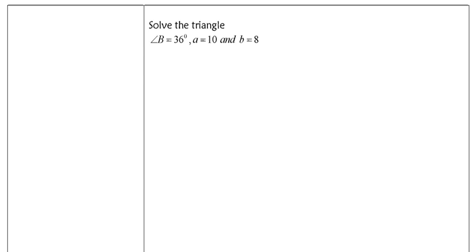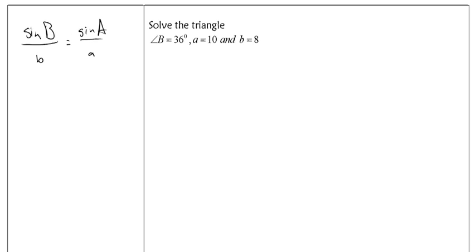So the ratio we're going to set up is sine of B, that should be a capital, sine of B over side B is equal to sine of A over side A. Hopefully you noticed from last video that whatever your unknown is, it's typically easier to have that up in the numerator.